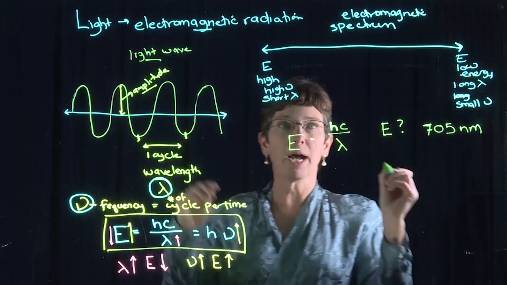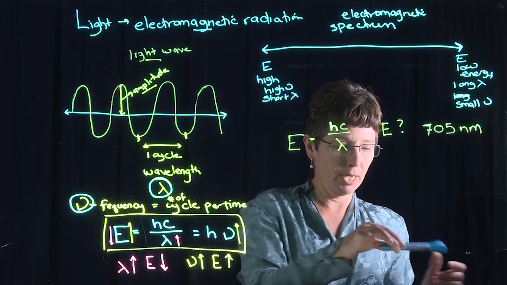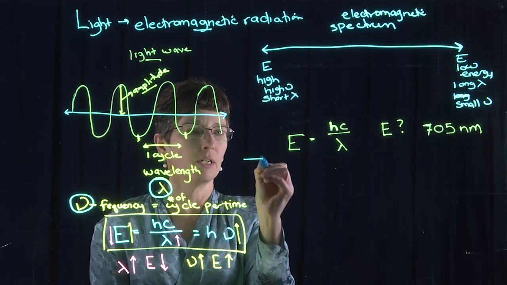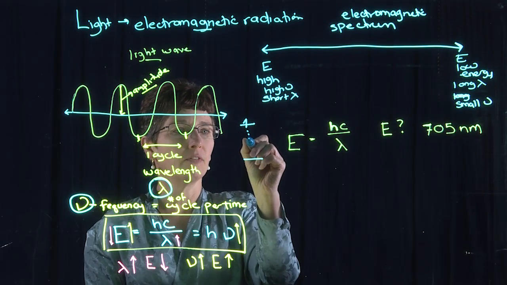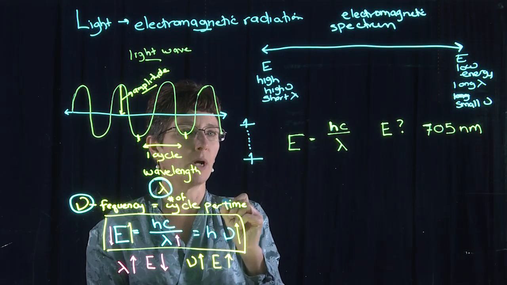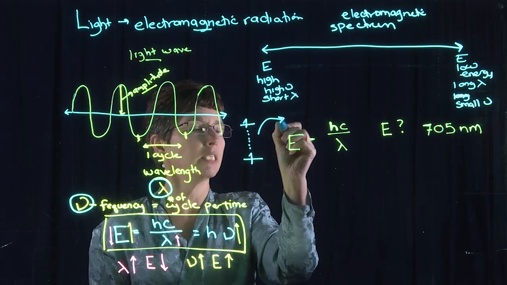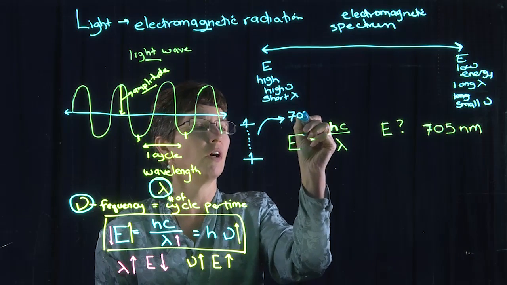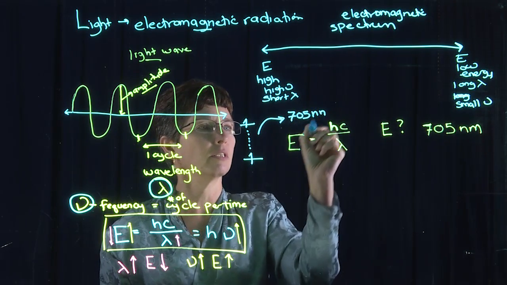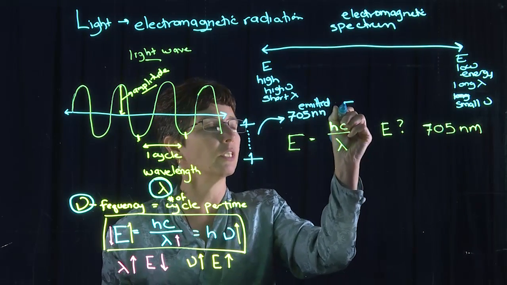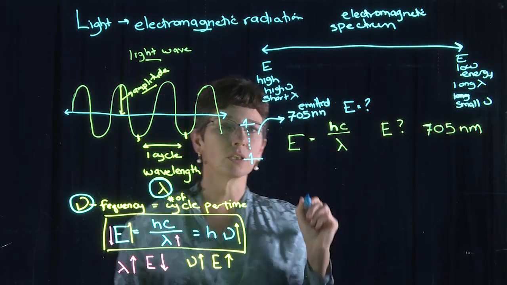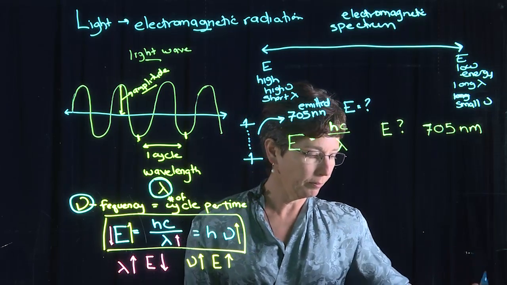So if we go back to the picture that we had in the last video, where we had an electron that was excited, and as it decays back down to the ground state, it emits light of 705 nanometers, that's the emitted light. We're going to ask ourselves, what is the energy associated with that electron?